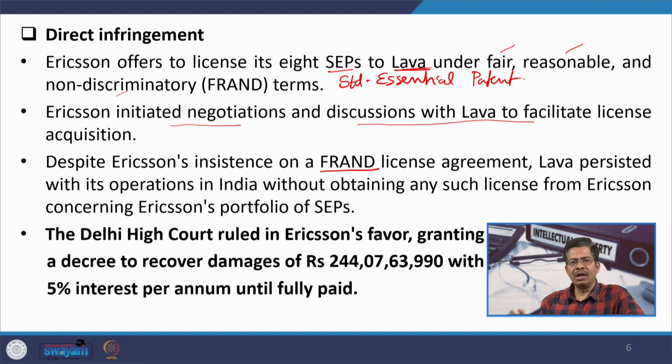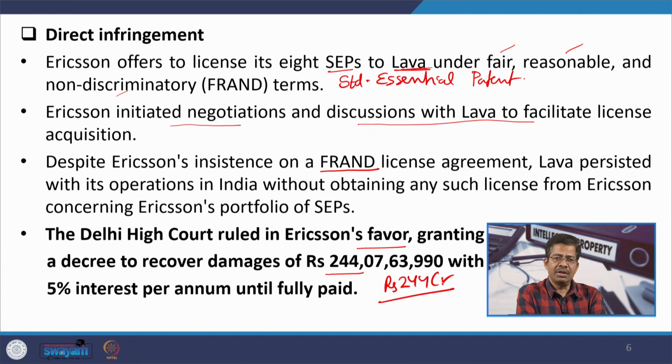Ericsson sued Lava that they are using their products, their technologies, IPs, and it became a case of direct infringement. And then the Delhi High Court gave its ruling in favor of Ericsson, and around rupees 244 crores was given, as per the order, from Lava to Ericsson for the royalty or damages.